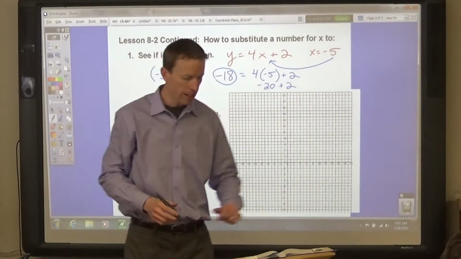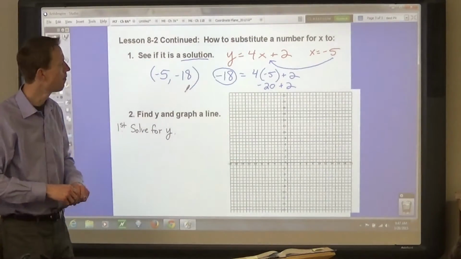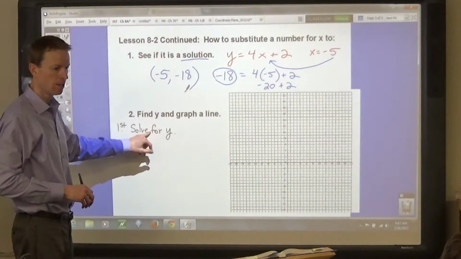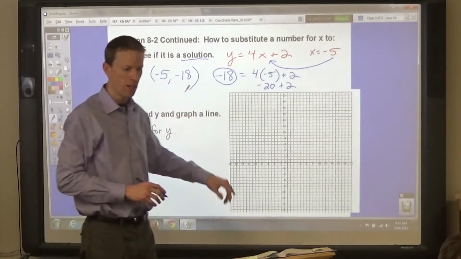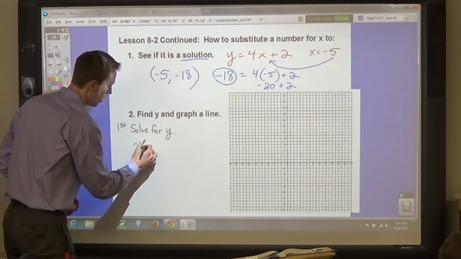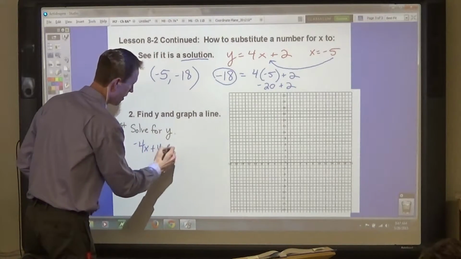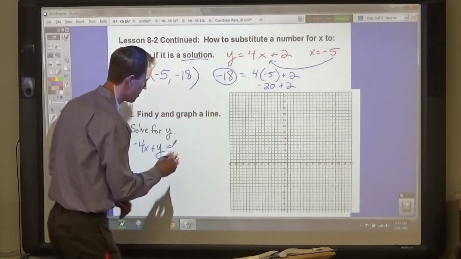The second part is what we just did in 12 through 14, to graph the equation. But what if the equation they give you is like this? Negative 4x plus y equals 16.